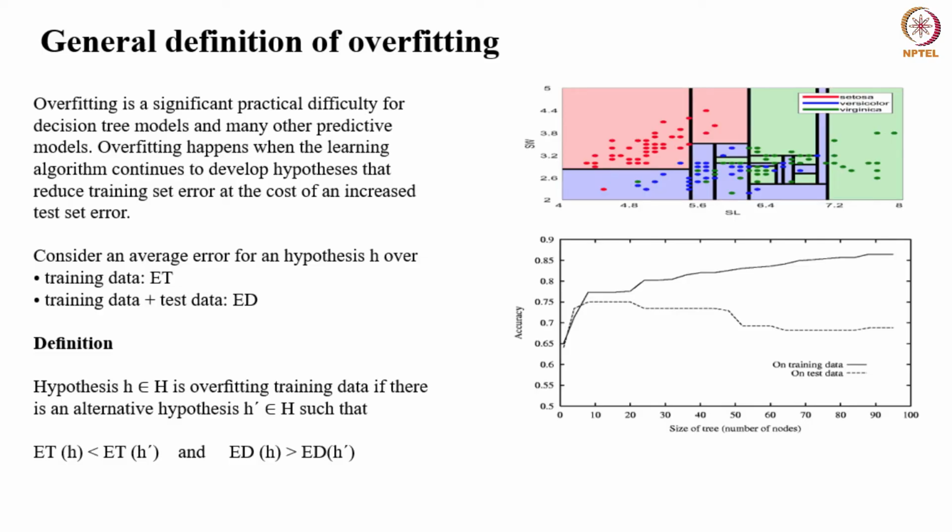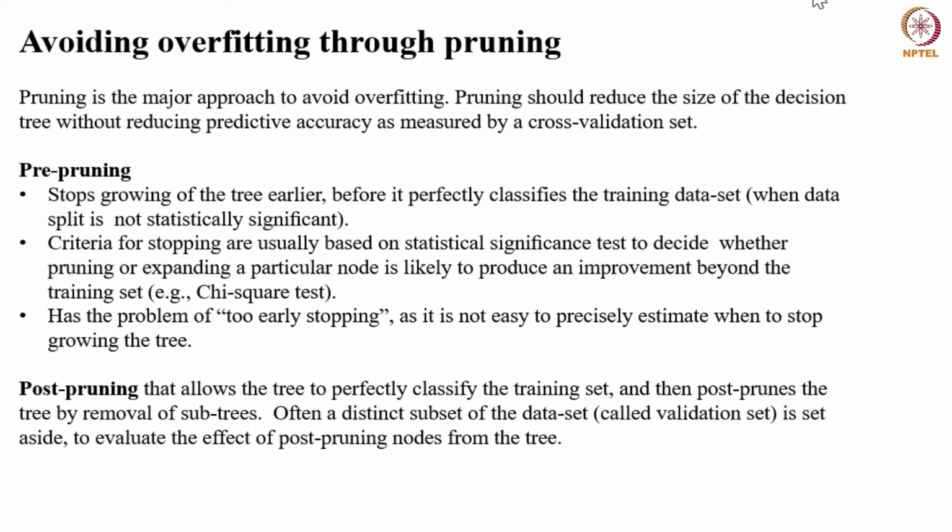So for decision trees, the most important approach to handling overfitting is pruning. Pruning is the major approach in this case. And the idea with pruning is, of course, to reduce the size of the decision tree without reducing predictive accuracy, as measured by a test set or cross-validation set.